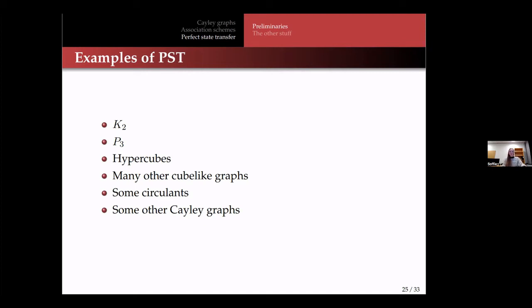Probably someone else here can. But the point is that a lot of our examples of perfect state transfer actually come from Cayley graphs, at least a lot of the examples that we have currently, and most graphs do not admit PST. But we like graphs that admit PST, so we want to find them.